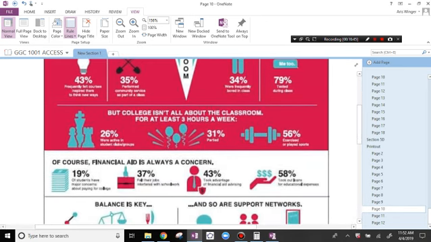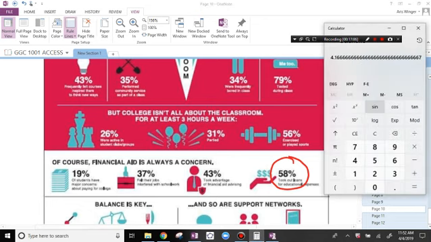All right, financial aid. 19% have major concerns. 37% felt their jobs interfered with other schoolwork. 43% took advantage of financial aid advising, and 58% took out loans. Oh, 58% took out loans. So out of 500 people, 58% of them would take out loans. So that's 290 people.